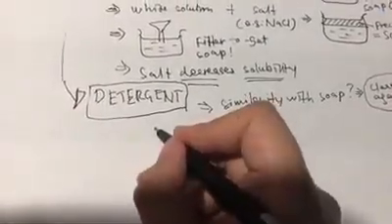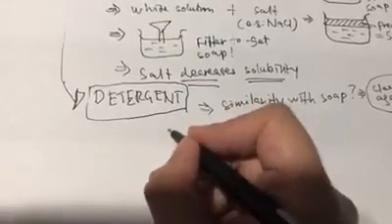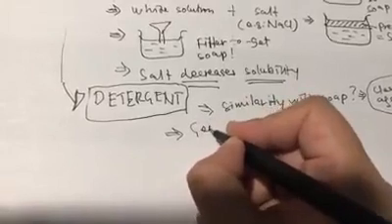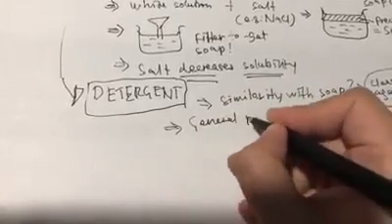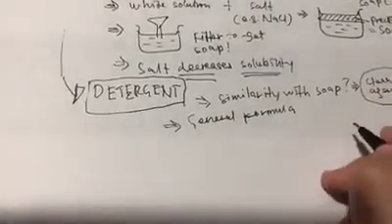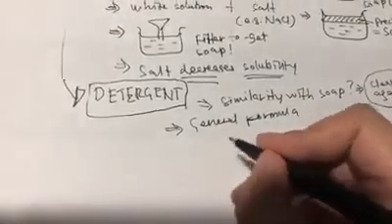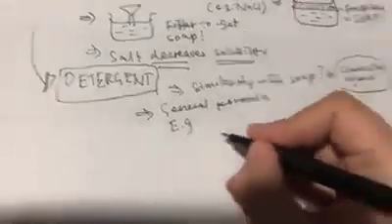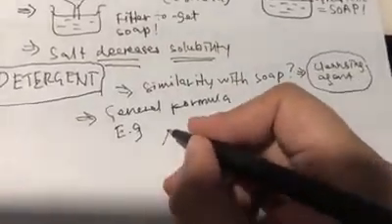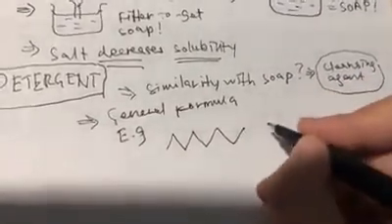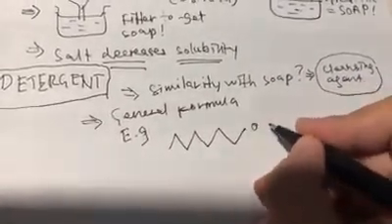What makes them different is that, okay, so first, to show you how they are different, I am going to show you the general formula, or rather the simplified formula of a detergent molecule. So this is an example.